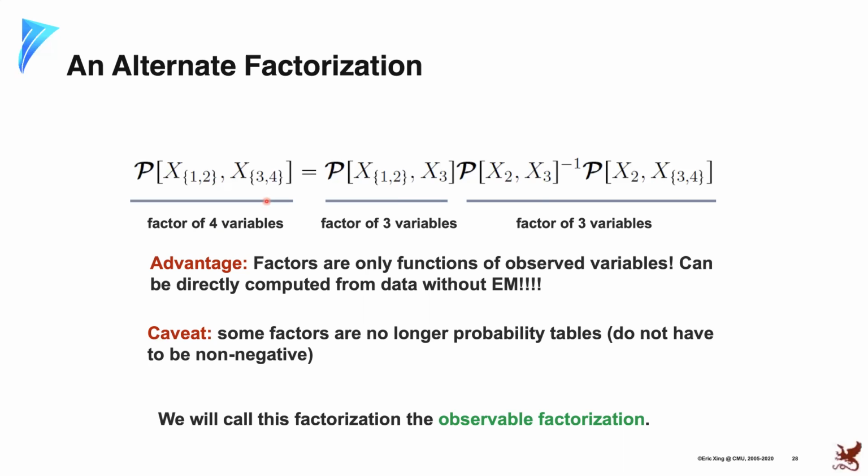Oh, I see. Let's think about it this way. The reason why we are able to decompose it into these smaller factors is that every latent variable model assumes many dependencies among these different variables.